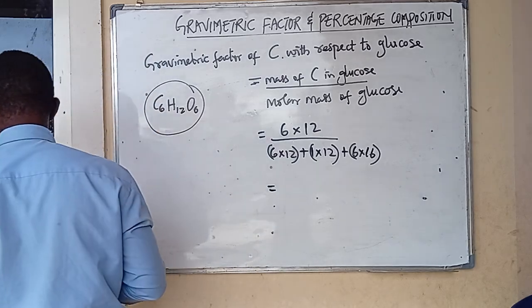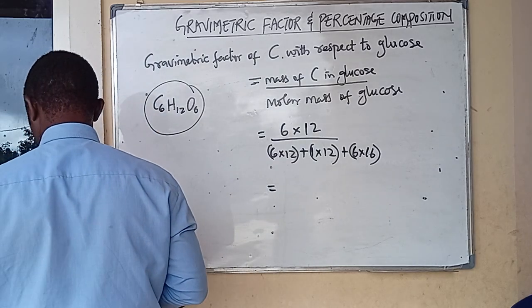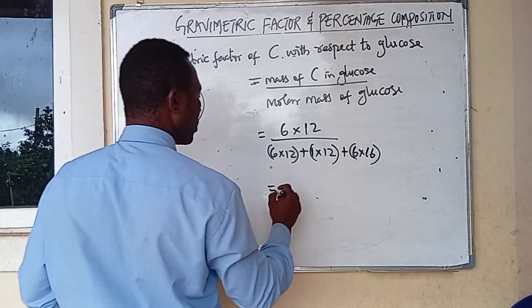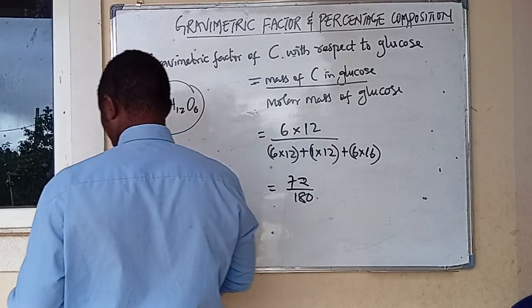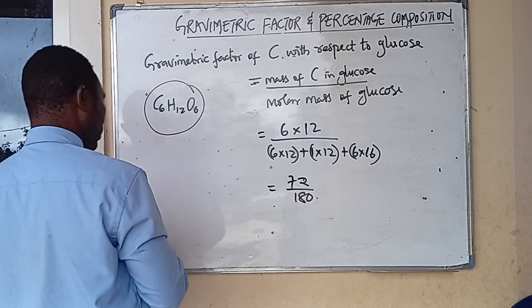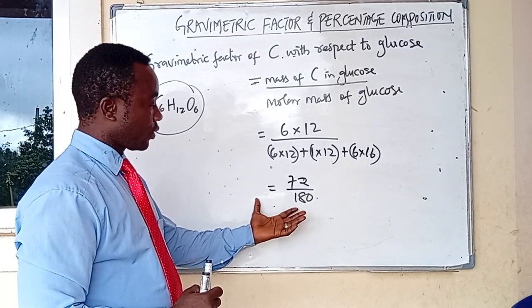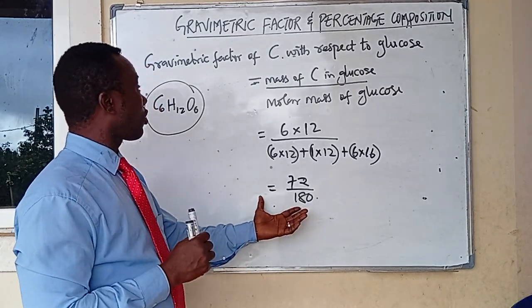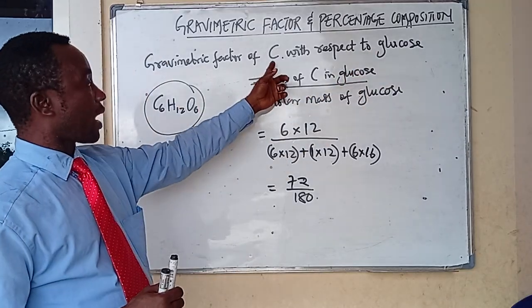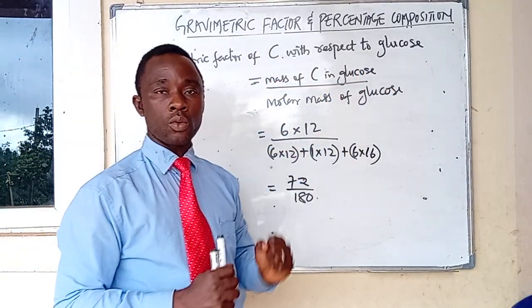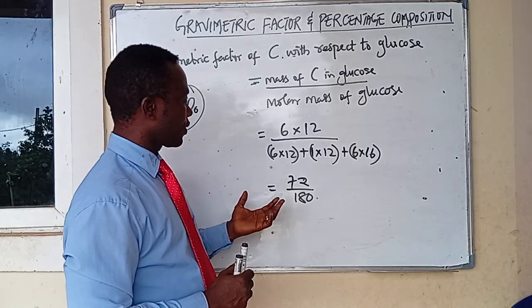If we do this, you will be getting 72 over 180. That is the gravimetric factor of carbon with respect to glucose.